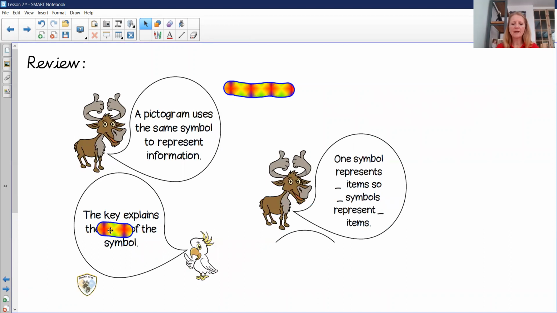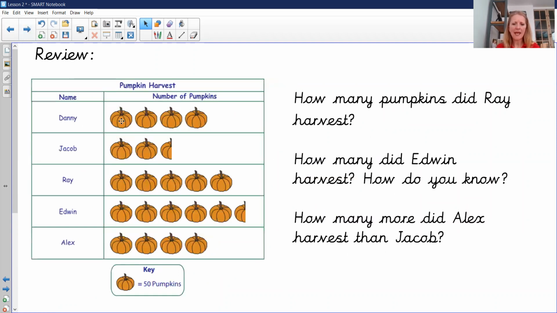The key explains the value of the symbol, and then you can use this statement when you are looking at a pictogram. One symbol represents how many items, so how many symbols represent how many items, so there would be numbers going in those gaps there.